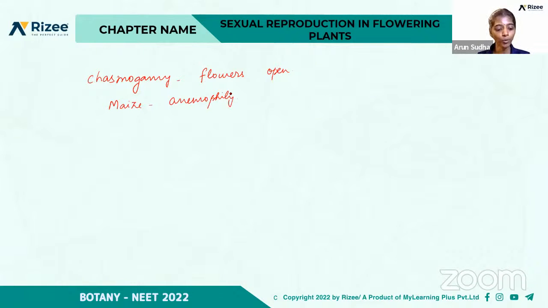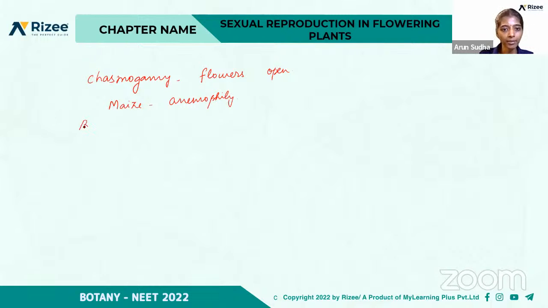Which of the following promotes pollen germination and tube growth? Starch, boron, calcium, or potassium. Yeah, it is boron.